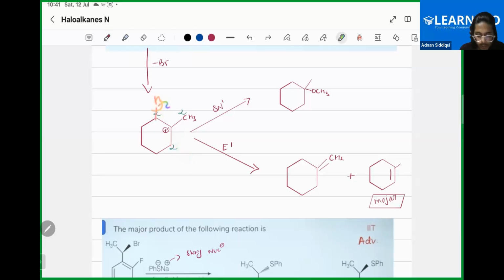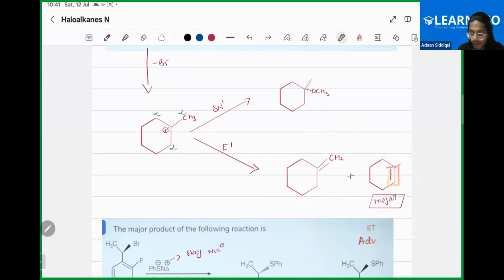You can remove a hydrogen from here, it will form something like this. Or you can remove a hydrogen from here, and it will form something like this. So out of all of them, which one is more alkylated? This has hydrogen on the right side, and left side is the benzene ring. But this has a methyl group, and a methyl. This is more substituted.